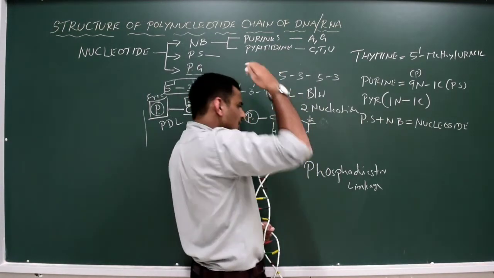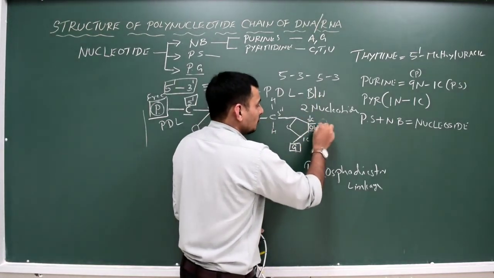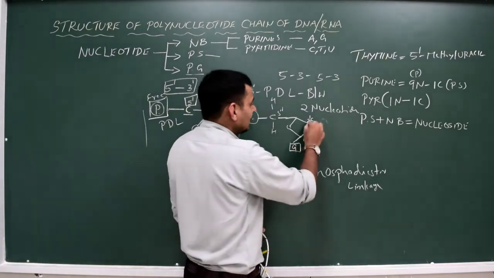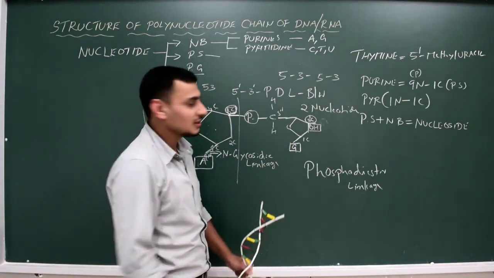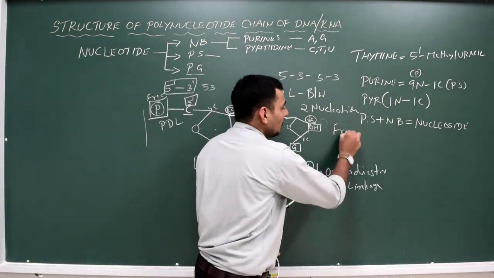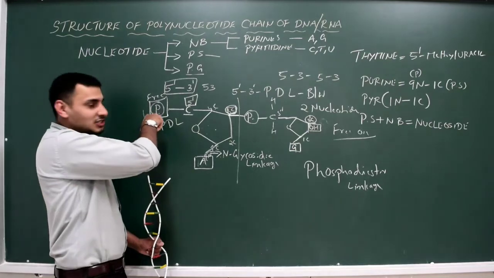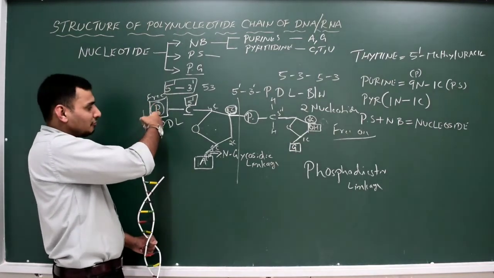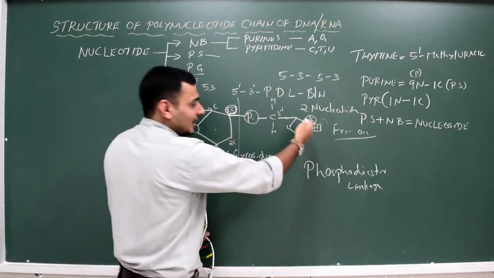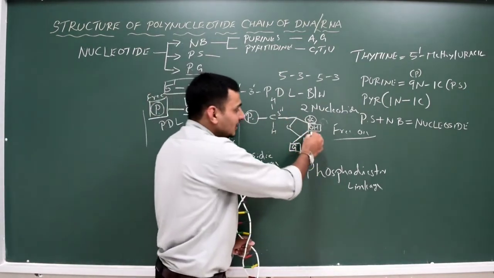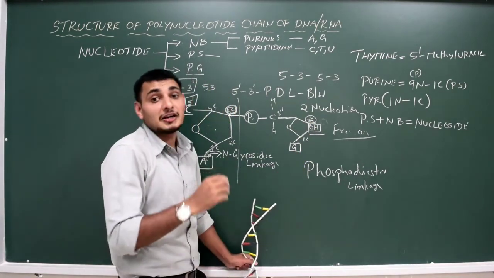It's very lengthy, but let us assume that here there is a free OH group at the third carbon atom of the pentose sugar. So a free OH will be seen. Remember, the 5' P, a free phosphate group, is there at the beginning, whereas the end or terminal of the DNA contains a free hydroxyl group at the third carbon atom of the pentose sugar.